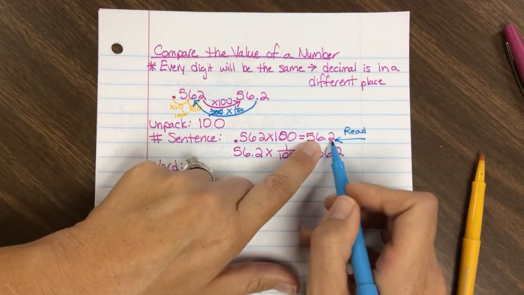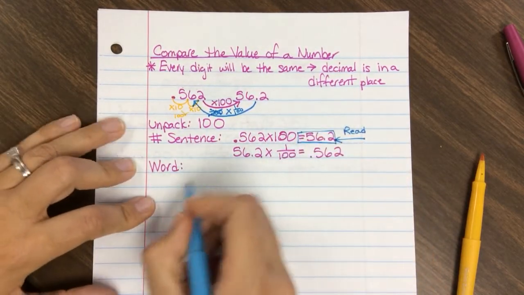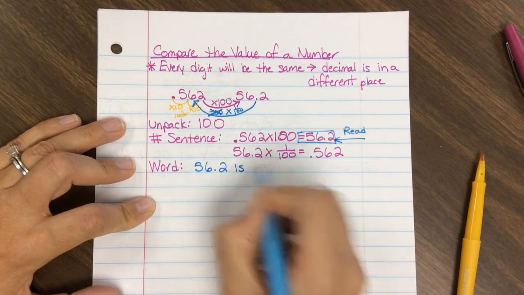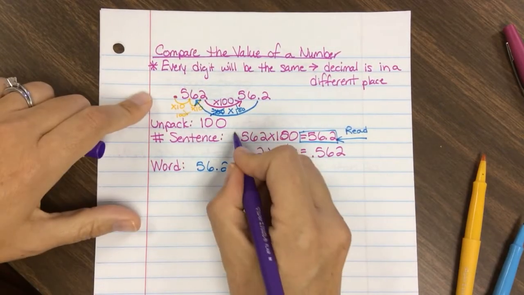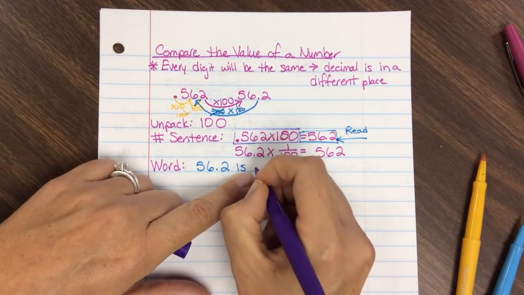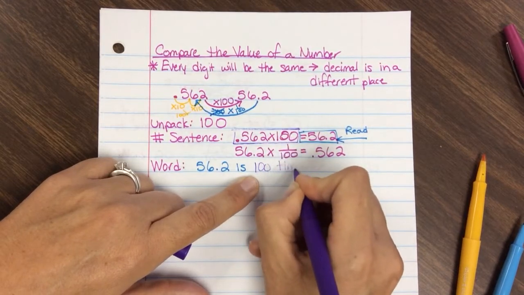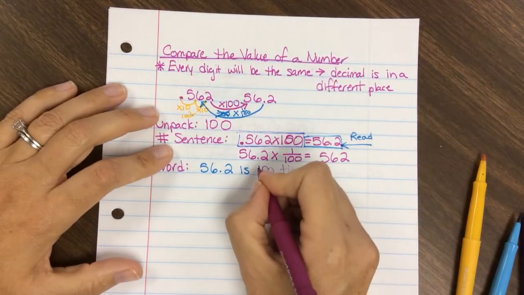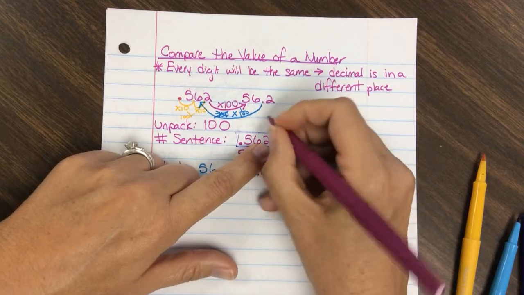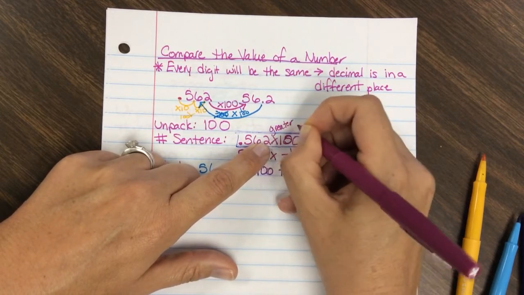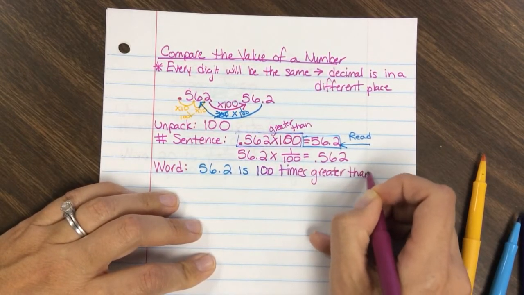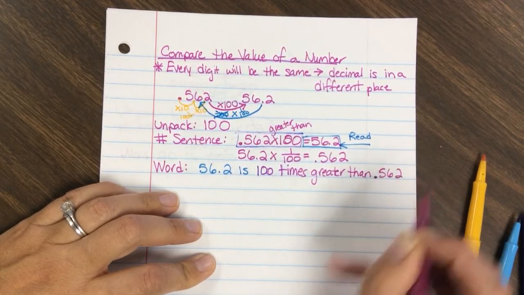So I start here. 56 and 2/10 is 100 times greater than 562 thousandths.